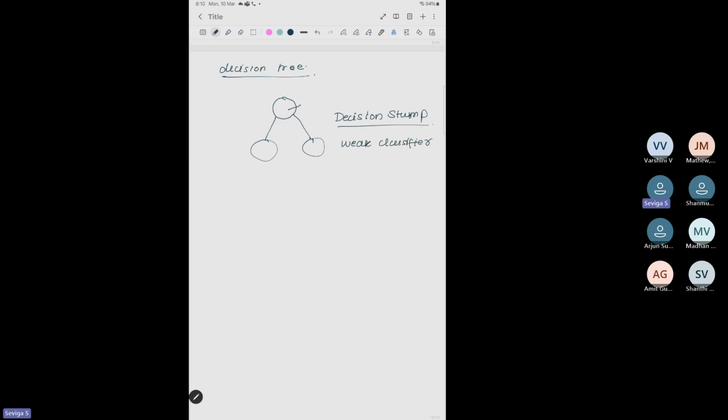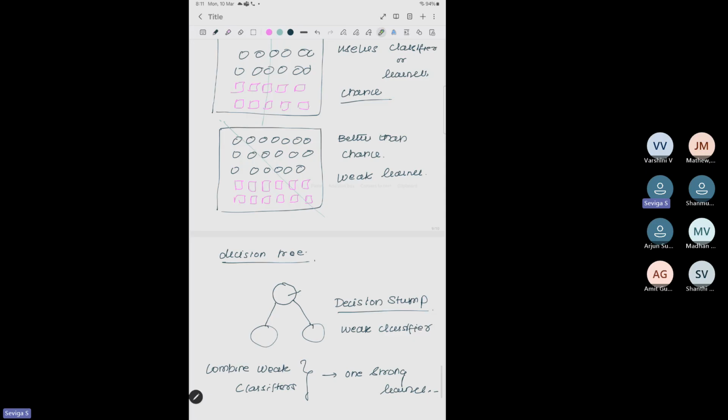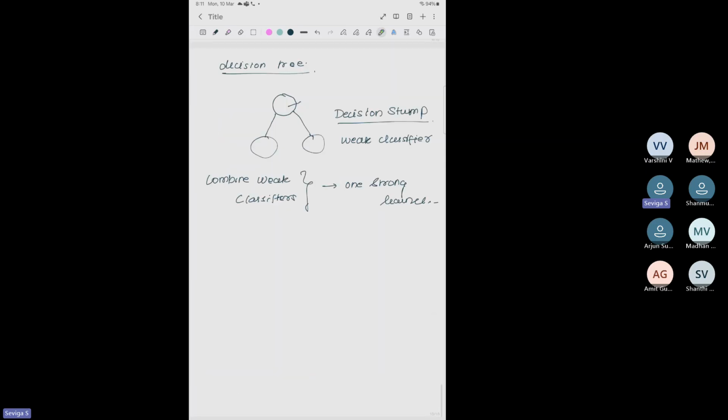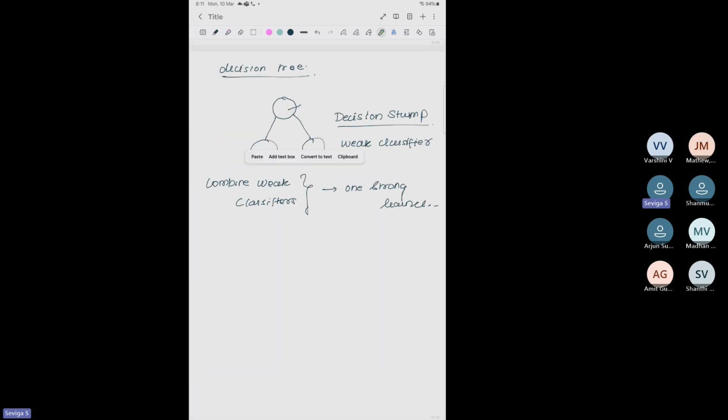We will combine several weak classifiers into one strong classifier or strong learner. This decision stump is better than a useless classifier, like how we saw with the weak learner, it is better than chance.